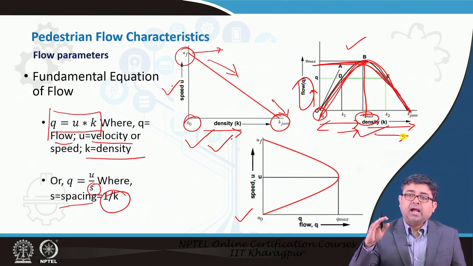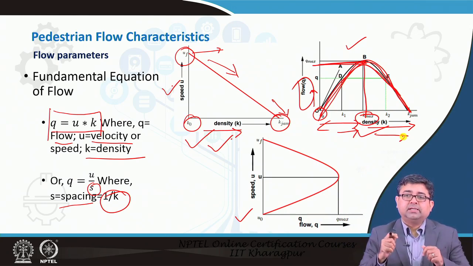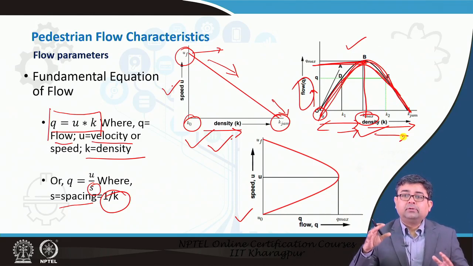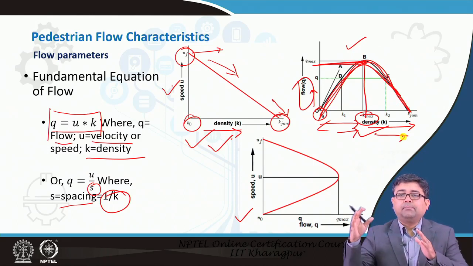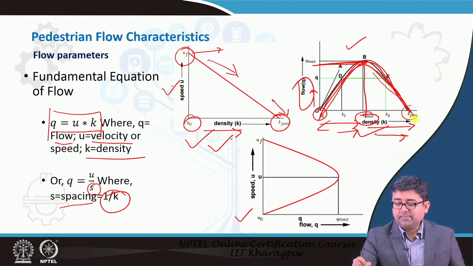So, there is a point at which there will be maximum people moving on that section per minute, whereas if there are more and more people getting added, there is too much friction, there is too much congestion. So, the number of people passing a point per minute decreases until again you hit jam density.